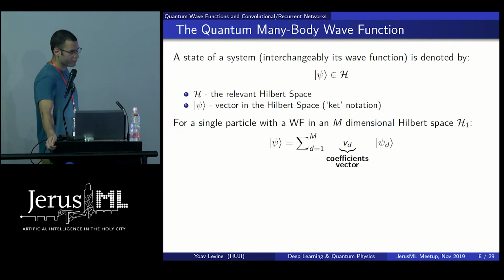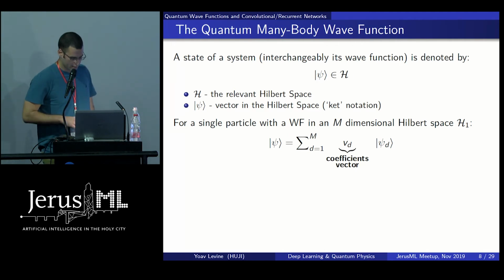So a quick intro just for our needs: we're going to refer to a many-body quantum wave function as a vector in a Hilbert space. Notation-wise, whoever has a BSc in physics knows this ket notation. So it's just a vector. And by specifying some orthonormal basis to the Hilbert space, the coefficients vector tells you everything there is to know about the wave function, which in turn fully describes the quantum particle's quantum state.